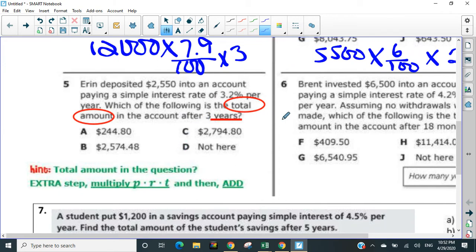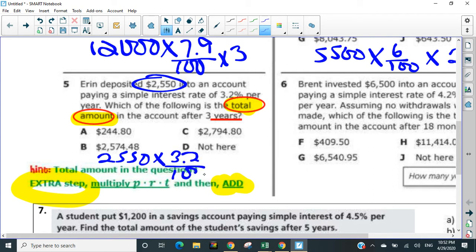All right, so number 5, question is asking for total amount. I put a little hint here. When it's total amount in the question, there is an extra step and we're going to have to add at the end. Okay, so let's set it up. First of all, principal, 2,550 times 3.2 out of 100 times 3 years.